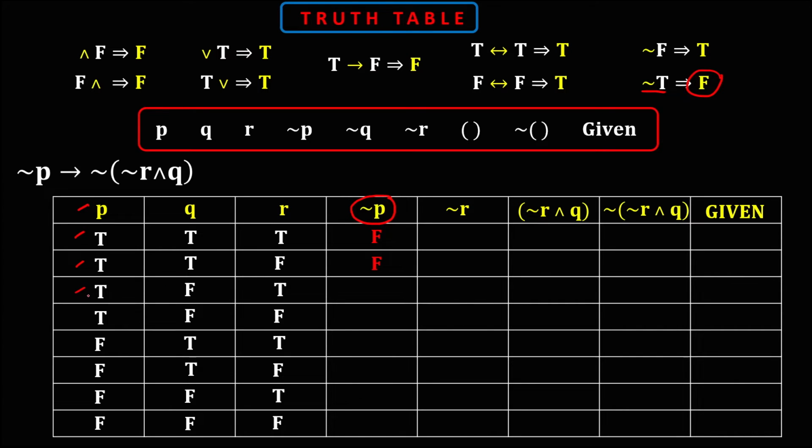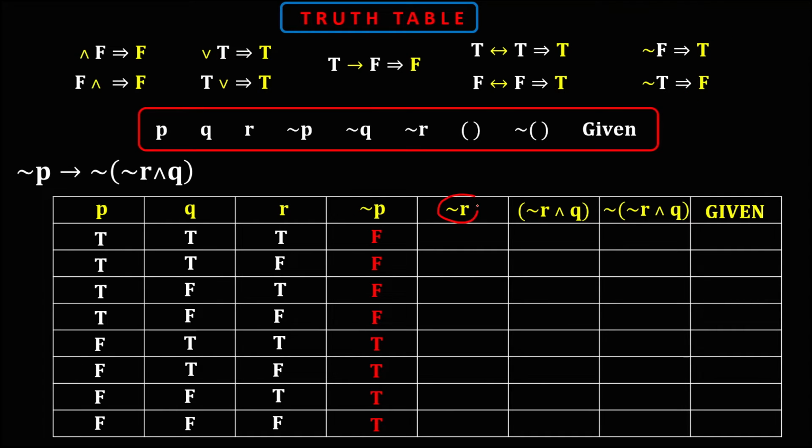The negation of true, that's false. The negation of true, that's false. Then the negation of false, that's true, and so on for the remaining four rows. So these are now the values for the column not P.